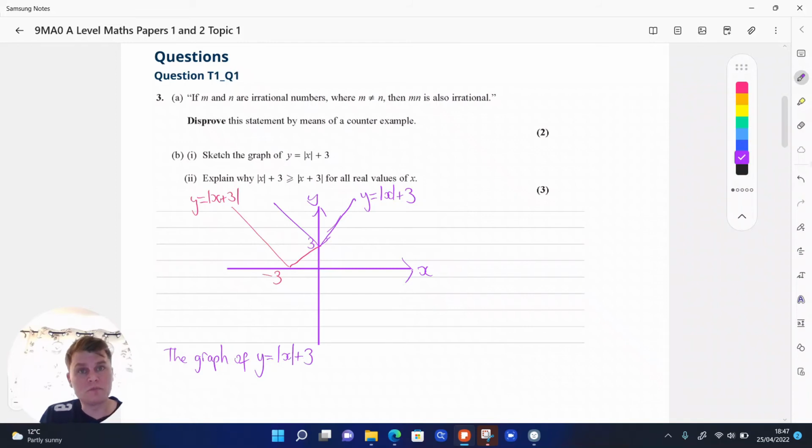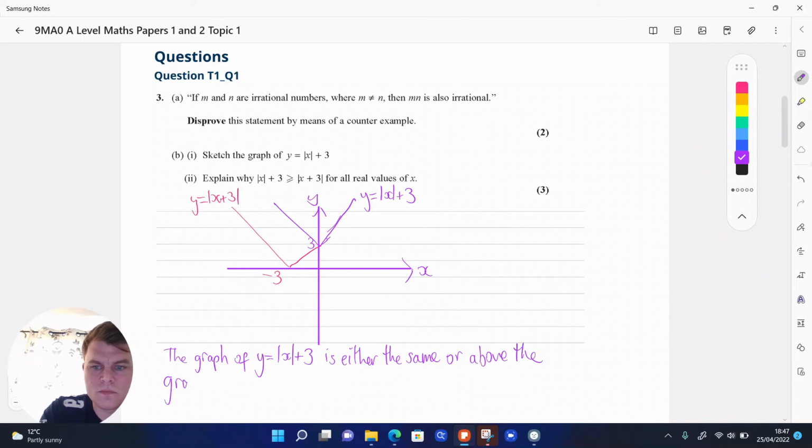okay, so start off, talk about the graph of y equals modulus of x plus 3. Okay, so it's either the same or above the graph of y equals modulus of all of x plus 3.